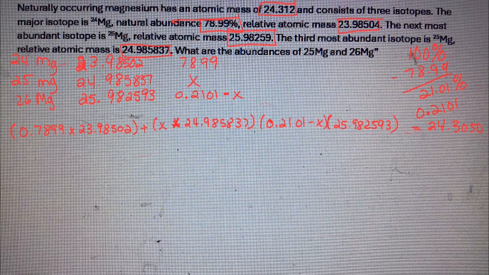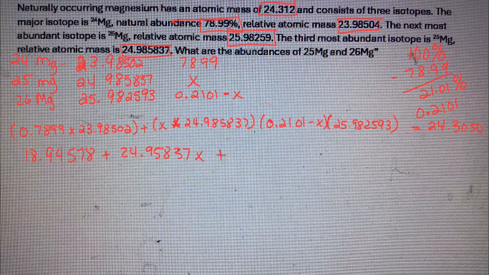So we're going to do a little math here. When you get all of this together, it is going to equal 18.94578 plus 24.985837x when you multiply those together.